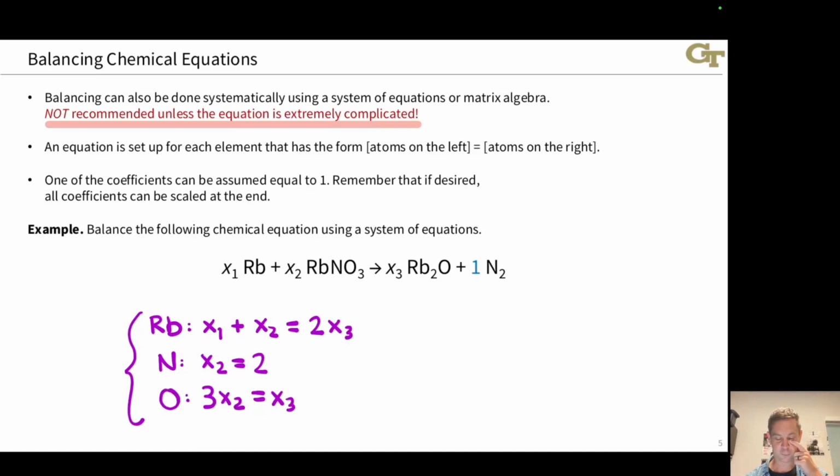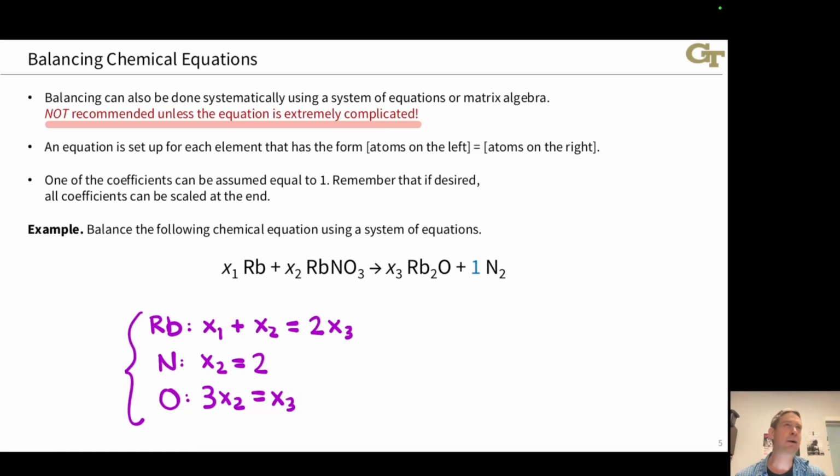And then for oxygen, on the left, I have 3 oxygens per rubidium nitrate. x2 rubidium nitrates means the total is 3 times x2 oxygens on the left. And on the right, I've got 1 oxygen per Rb2O. x3 Rb2Os means I have simply x3 oxygens on the right.